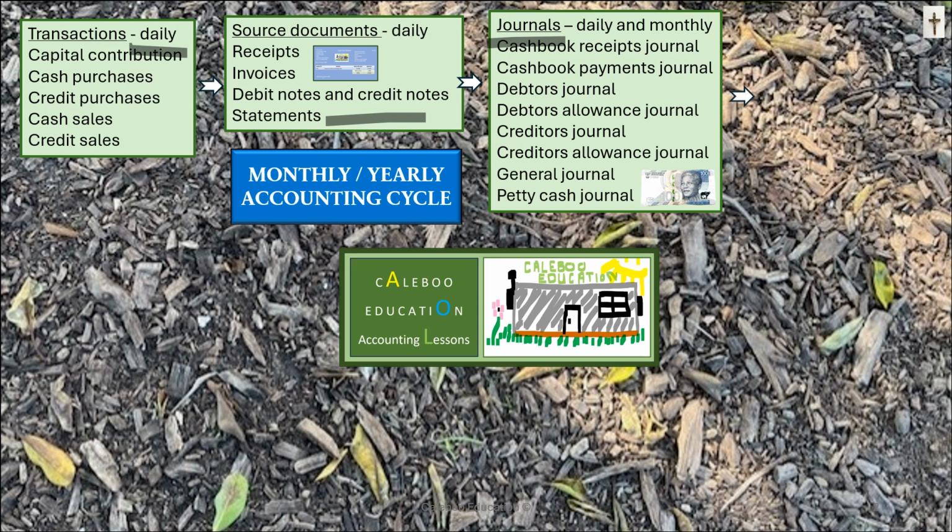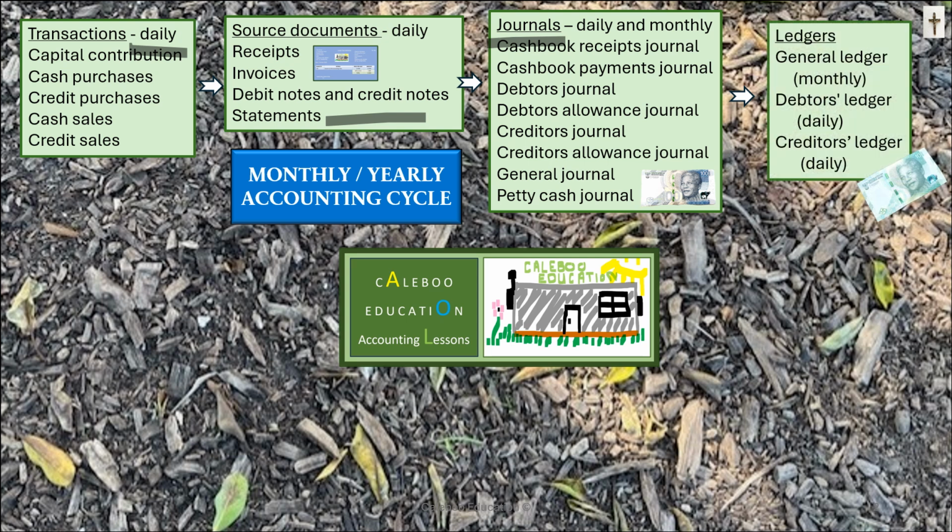Once the journals have been completed, at the end of the month, the information is taken to the general ledger. Then on a daily basis, transactions are recorded in the debtors ledger and the creditors ledger.